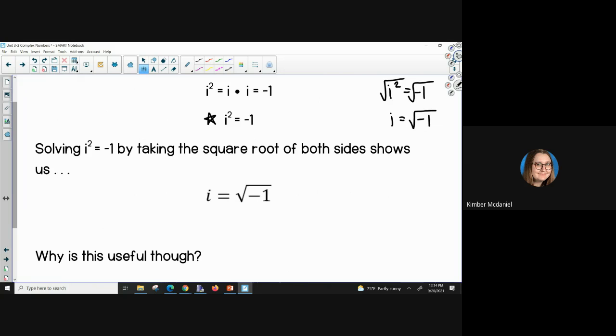Now, if you're thinking, isn't the square root of -1 just -1 or positive 1? It's not. It's not negative or positive. It's not an answer, because we have learned in the past that you cannot take the square root of a negative number. And that's where the whole idea of imaginary numbers comes from.